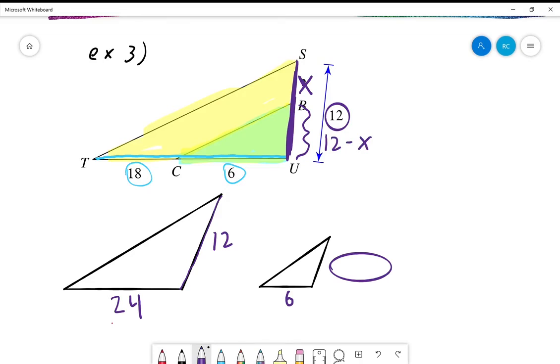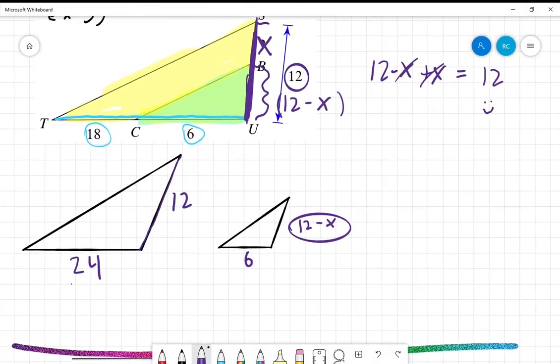And I can prove it to you, because if we add these two up, 12 minus X plus X, we get 12. So let me go over that one more time. This whole length here, SU, is 12. We're given that in the problem. This partial length, SB, we don't know what it is, so we give it a name, X. And because we know that the whole thing is 12, this whole SU is 12, then BU must be 12 minus X. So we're going to call it 12 minus X.